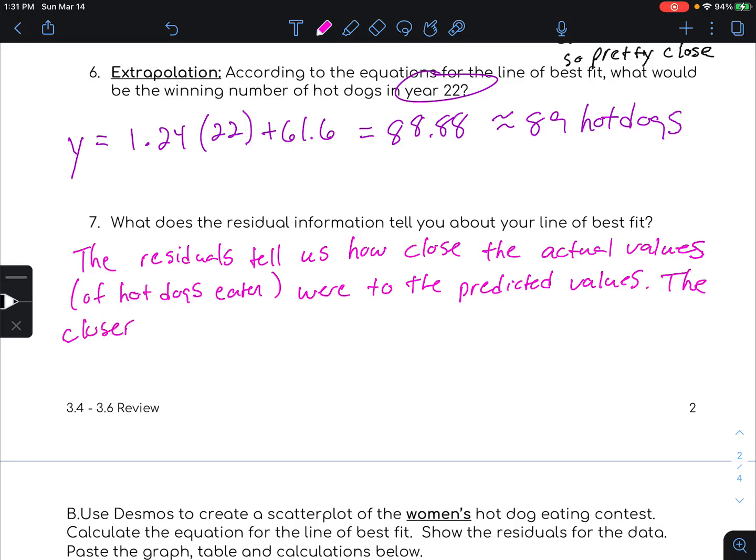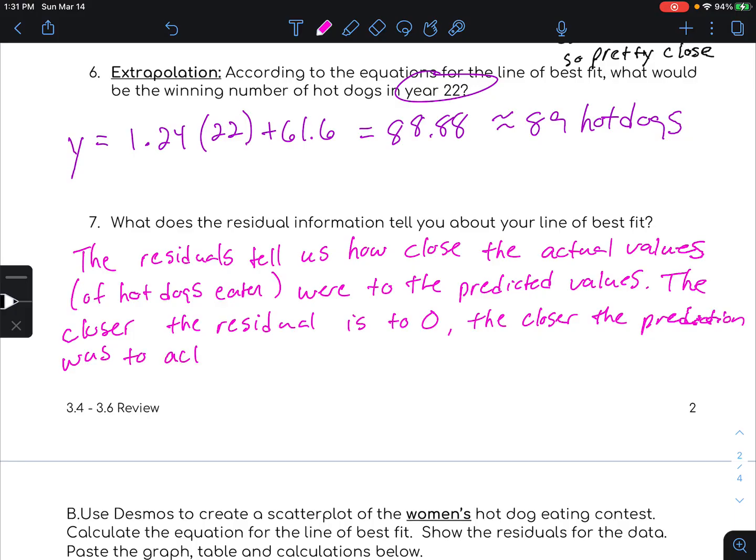The closer the residual is to 0, the closer the prediction was to the actual values. So the closer the better. The closer to 0, the better.